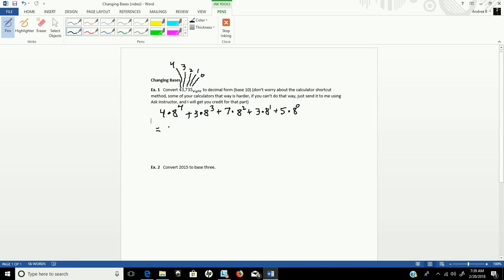So I'm going to go ahead and type it in here. It looks like for the first calculation we get 16,384, plus the next one is 1,536, plus for the next one we get 448, plus 24 for the next number, plus 5 for that last digit.